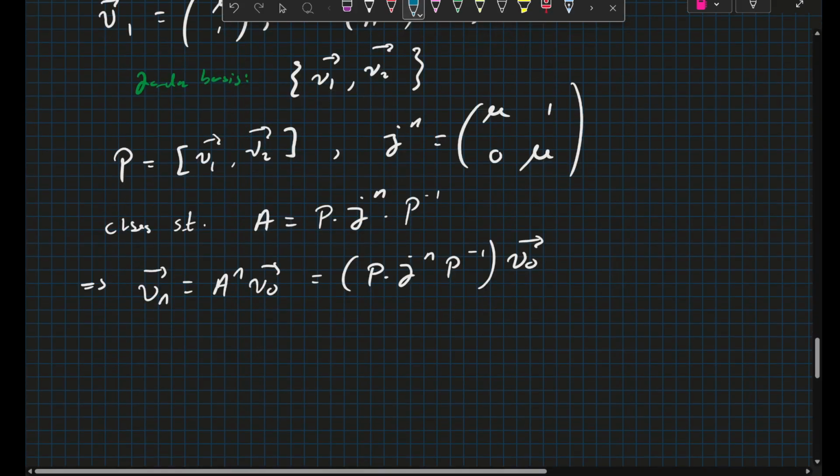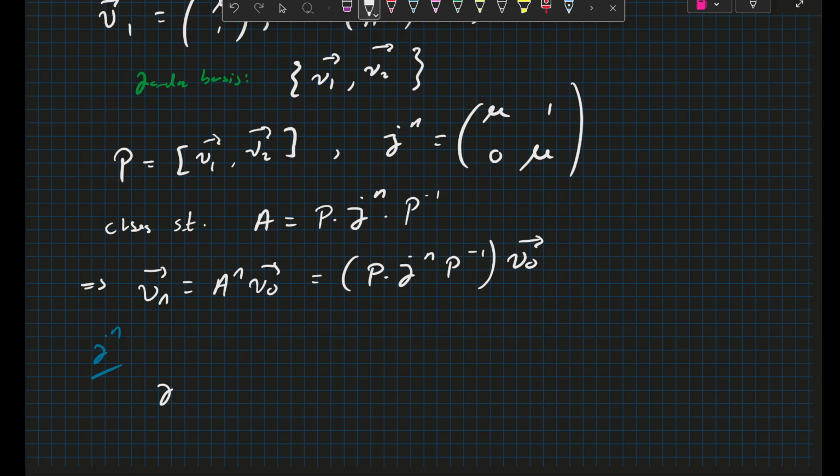There's one other thing that we can do with the Jordan block, and we can express J to the n. Remember, J is mu, 1, 0, mu, but J to the n is also equal to mu to the power of n times 1, n, 0, 1. That is just a standard result.